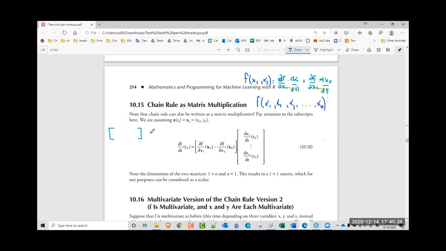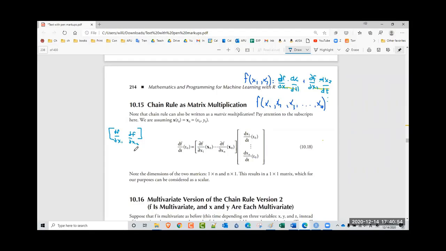Now let me do this. I'm going to have this element be the partial of f with respect to x1. And then a second element, the partial of f with respect to x2.